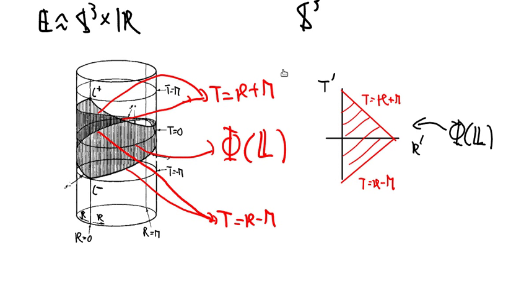So this is r prime equal to 0, and this corresponds to r prime equal to 0. Okay.